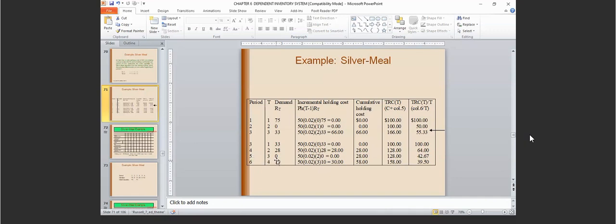Period yang kelima gross requirement-nya adalah kosong. Dan kita akan dapat incremental holding cost dengan memasukkan period yang kelima masih lagi kosong, dan cumulative holding cost kekal pada RM28 dan total relevant cost juga akan kekal pada 128, dan kita akan bahagikan dengan 3 tempoh masa, jadi kita akan dapat RM42.67.